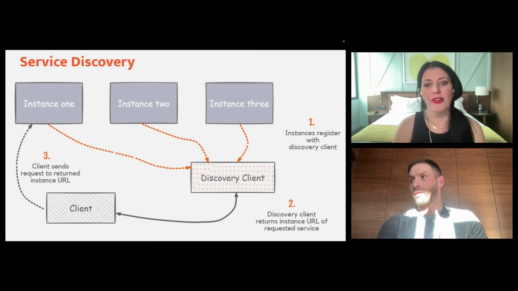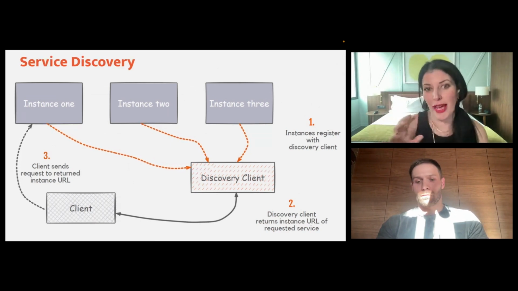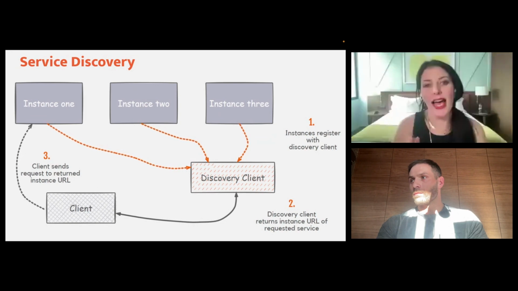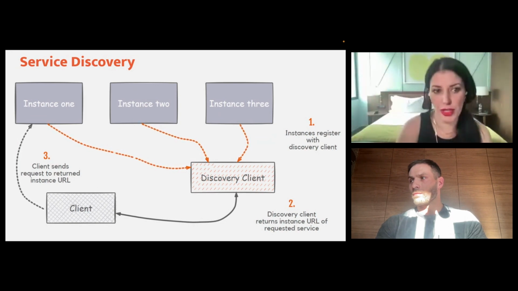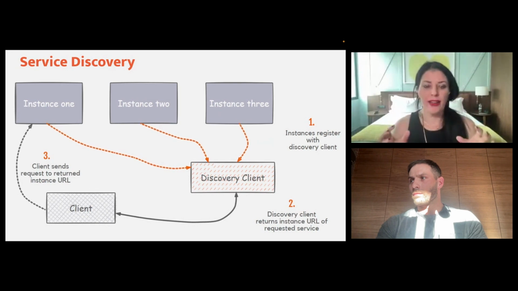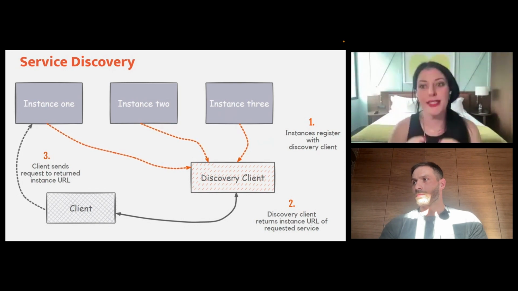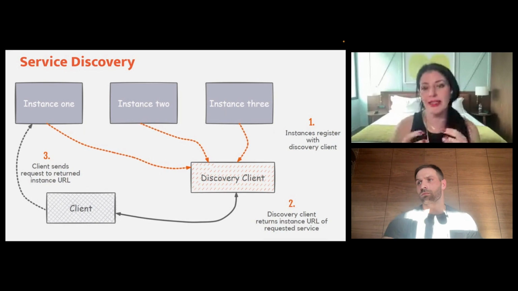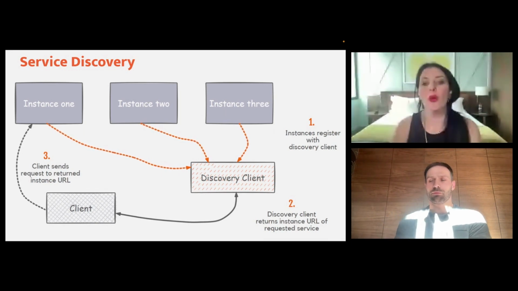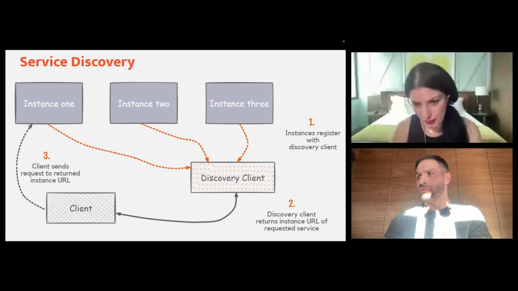Think of all of these backend instances. They're all the same application, just scaled up to 3 instances. We have our discovery client sitting in front of them, and these instances will register with it.